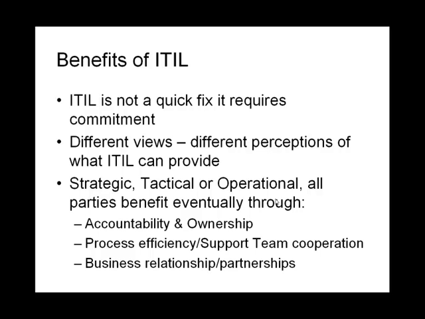Each particular layer, though, will have accountability and ownership, process efficiency, support team cooperation, and business relationships and partnerships. All of these will be agreed up front, particularly with suppliers, and they will sign up to that.